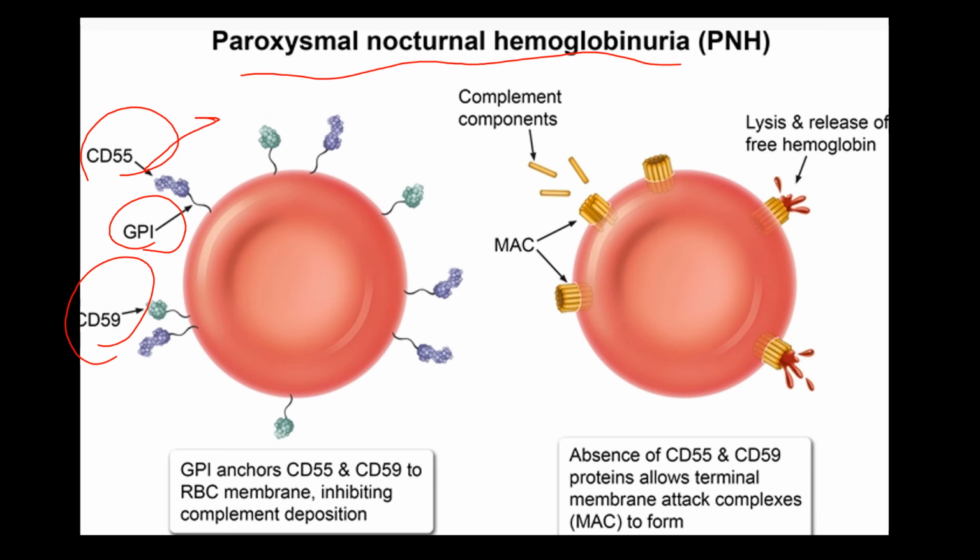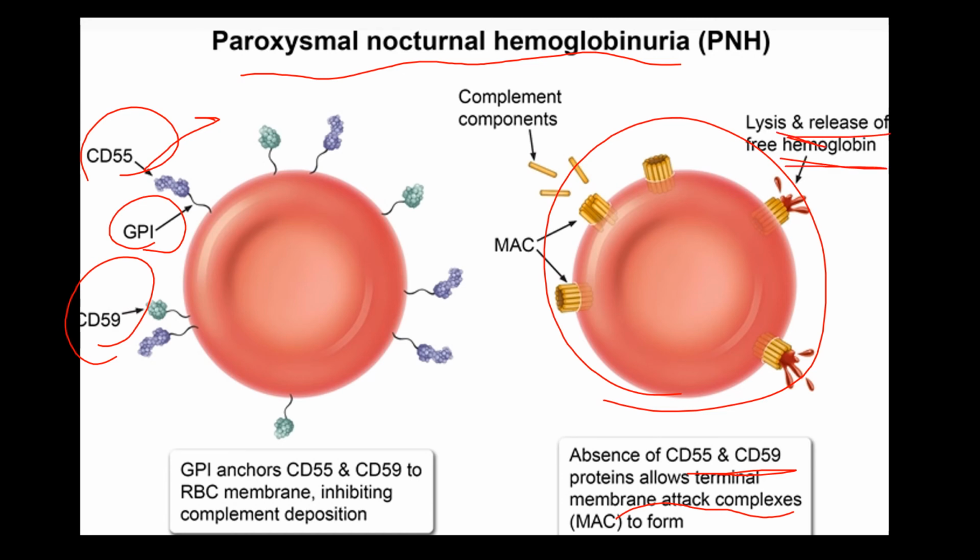They both inhibit complement deposition. If there is no CD55 and CD59, then membrane attack complexes will form on the normal RBCs, which will lead to lysis and the release of free hemoglobin. And this membrane attack complex is formed by complement activation.